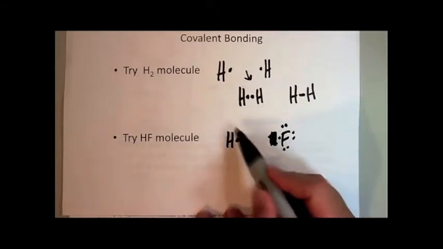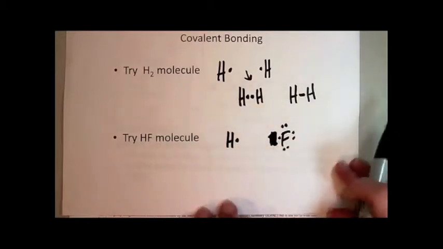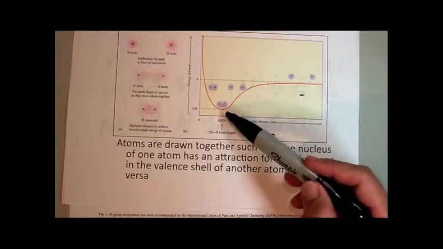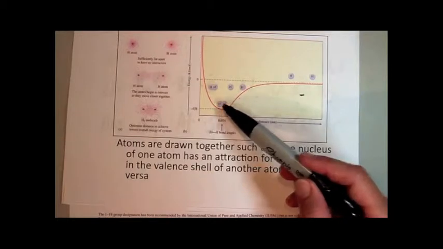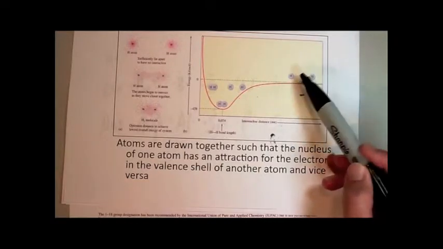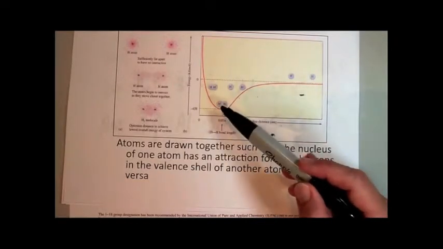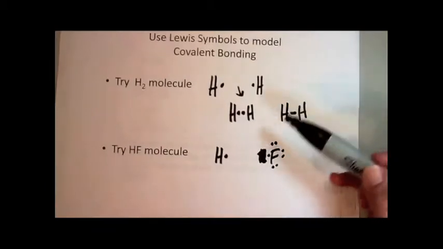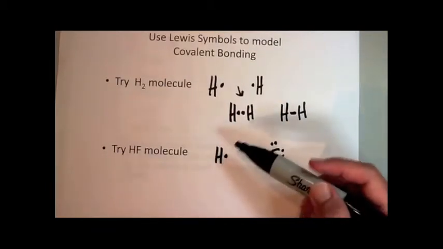That's why it moves to a lower energy. It's just energetically more favorable for the hydrogen to have 2 electrons in its valence shell than to have 1. So it's higher energy when it's by itself, and it moves to a lower energy state when it's together.